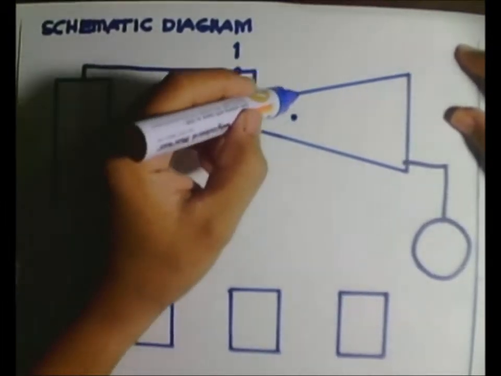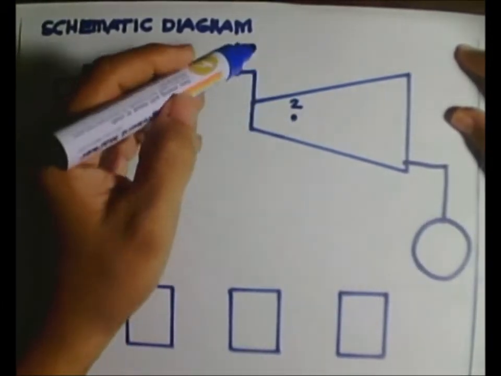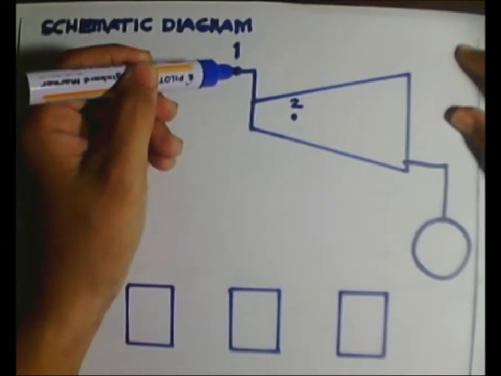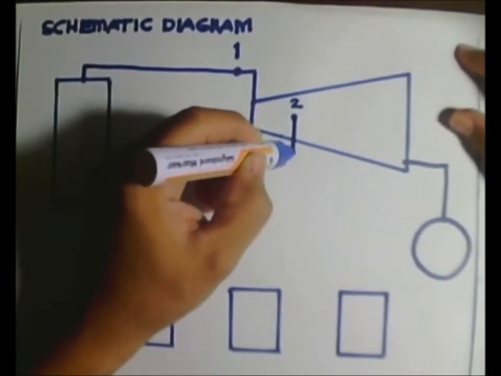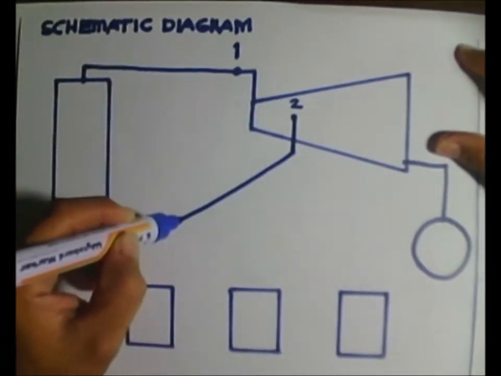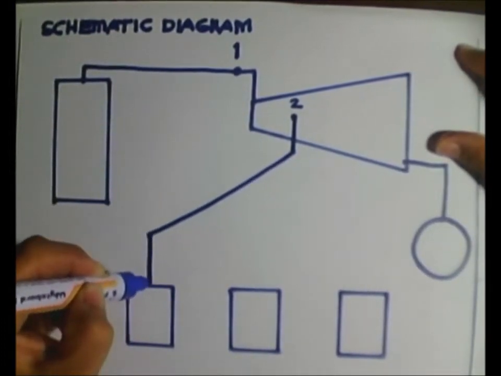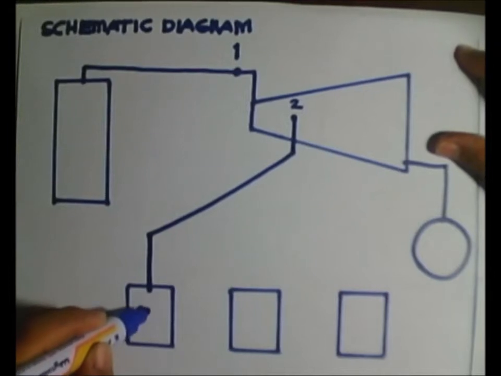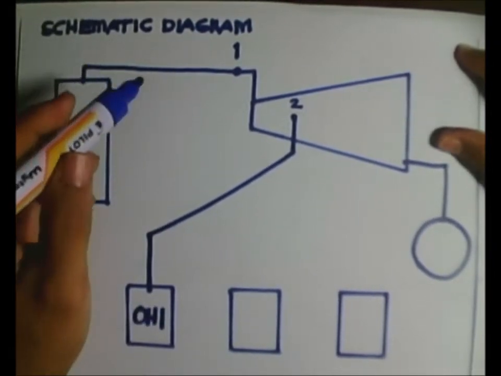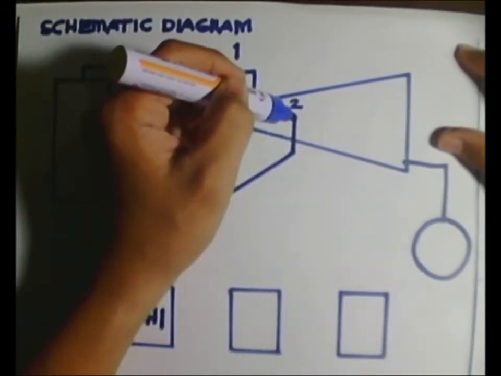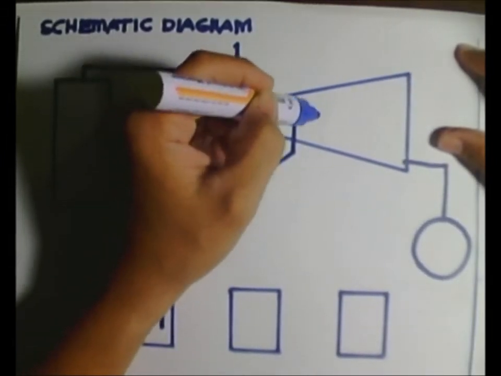I would like to call it point 2. So there is a partial expansion of steam from 1 to 2, and that part of that steam is taken out and conveyed to open heater 1. And the steam continues to expand.